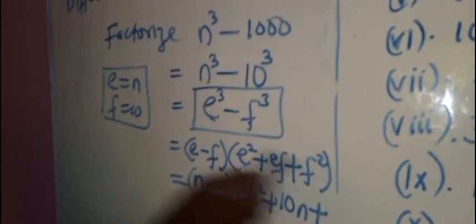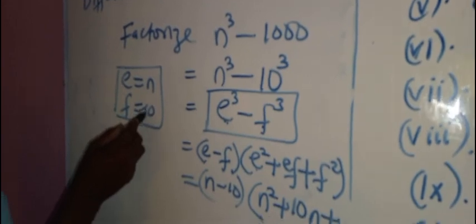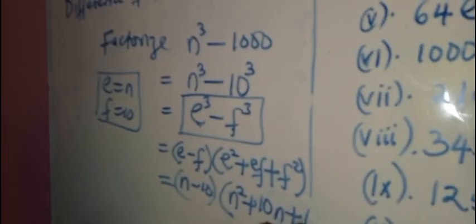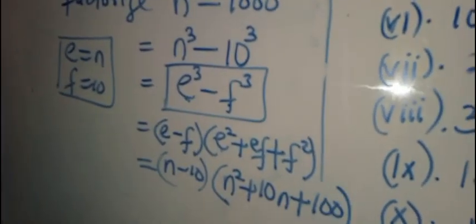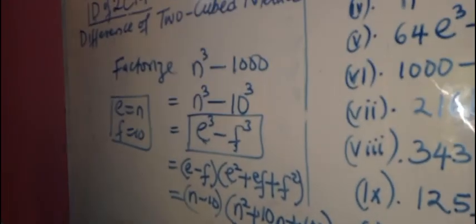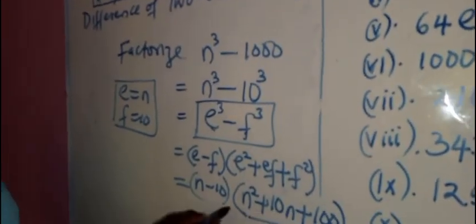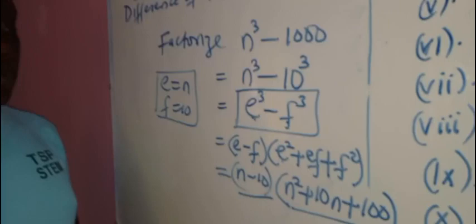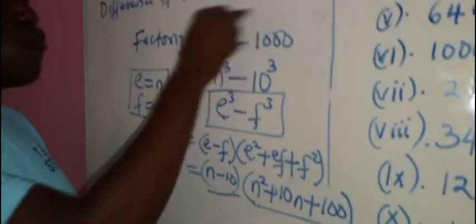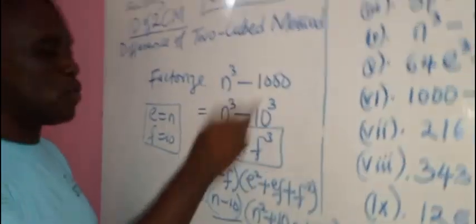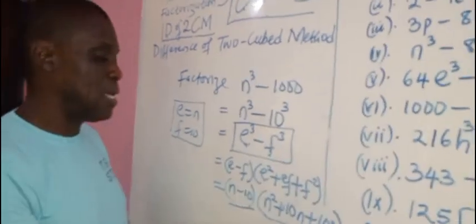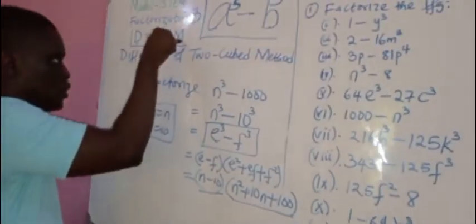Plus f squared. f is 10. What is 10 times 10? 100. That is the answer. This one is a quadratic factor. This is a linear factor. So it means that there are two factors to n raised to power 3 minus 1000, and the two factors are this and this. Yes, that is the end of the difference of two cubes method.